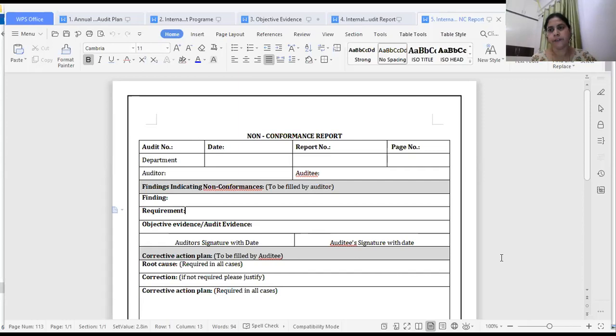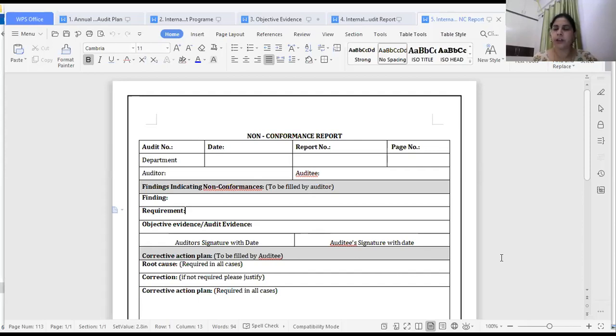If the audit frequency is 1 month, a time of 3 months. If the audit frequency is 2 months, a time of 6 months. After so much time, if the auditee is unable to produce proper documentation on that, what could be the root cause? The auditee should say what the reason was.